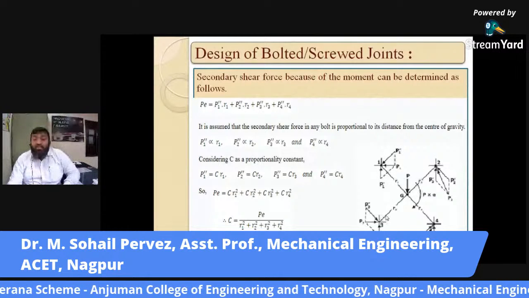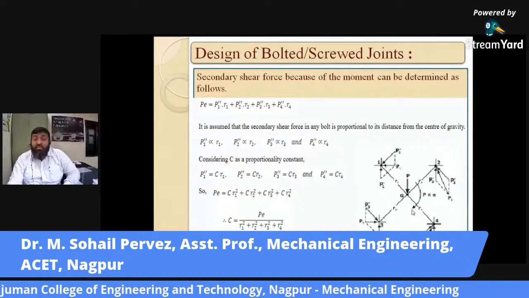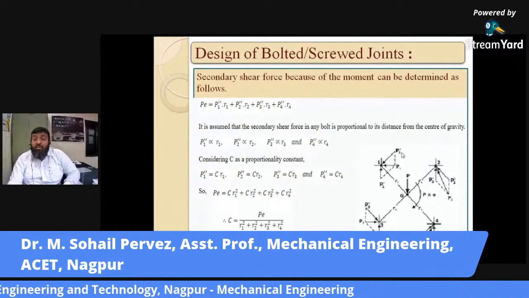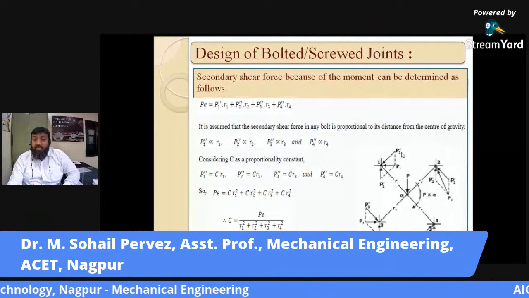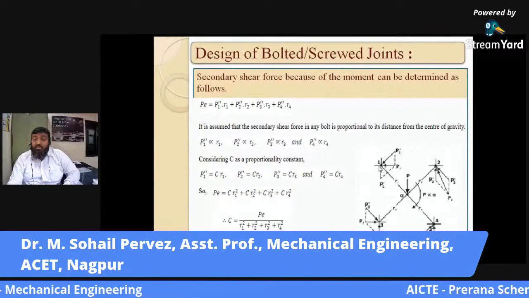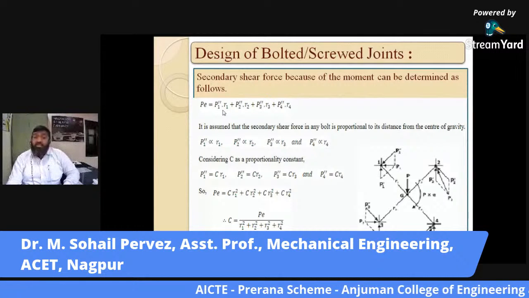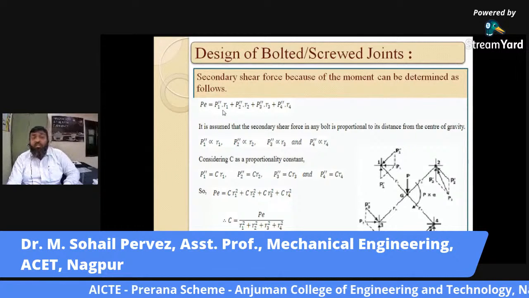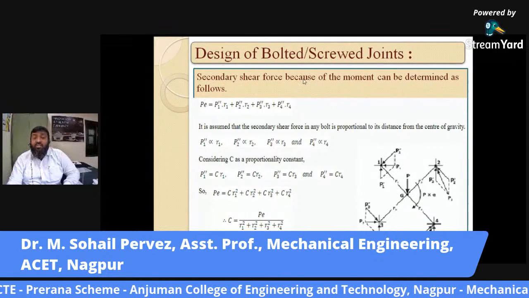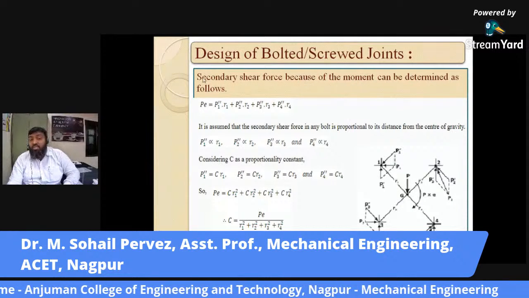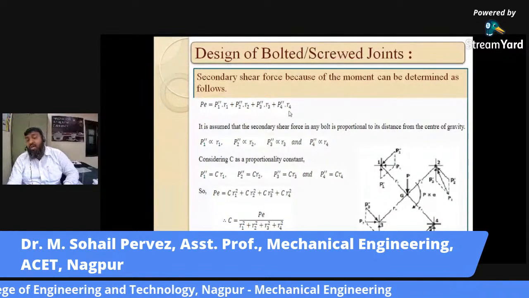So if, for example, I have P1 double dash, then P1 double dash multiplied by R1 would be the turning moment which develops a secondary shear stress. Similarly P2 dash R2, P3 dash R3 and P4 dash R4.